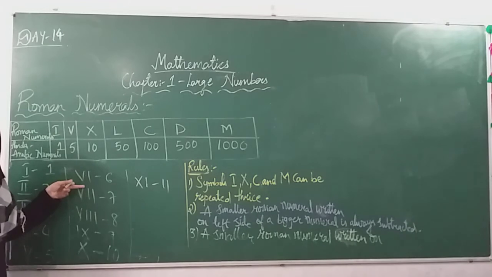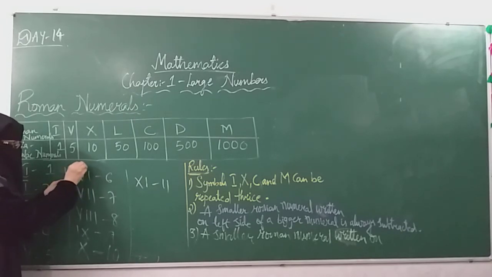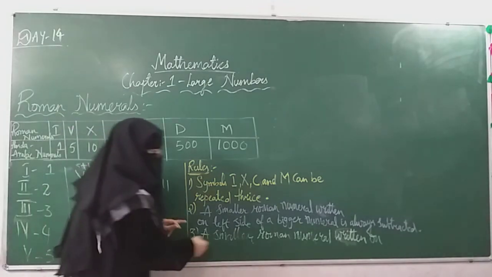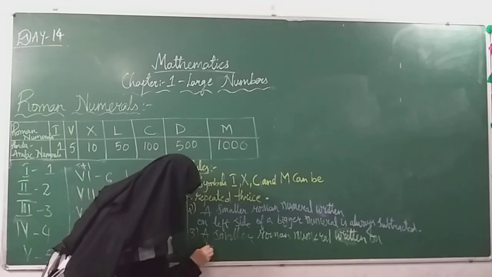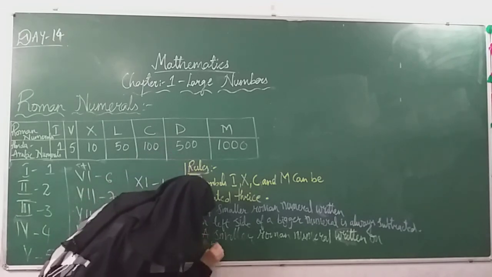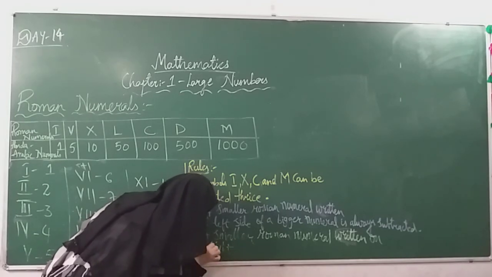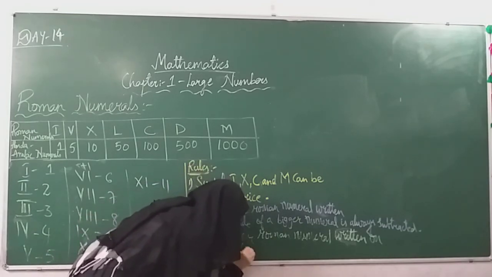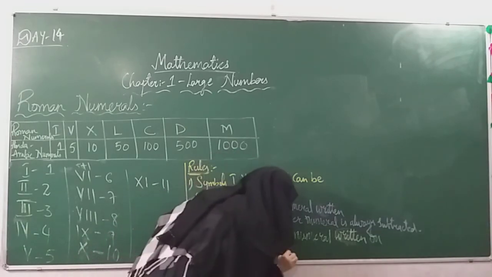Just now I explained 6, right? This is a bigger Roman numeral. This is a smaller Roman numeral. We are writing it on the right-hand side of the bigger numeral. We are adding, right? 5 plus 1 is 6. So here the smaller Roman numeral is written on the right side.